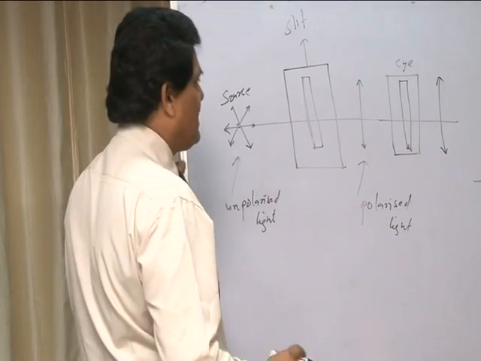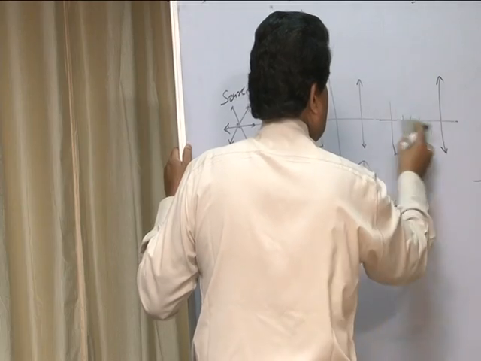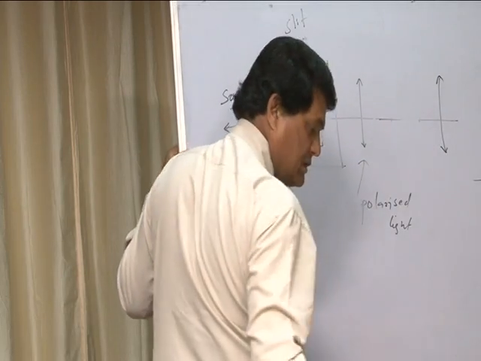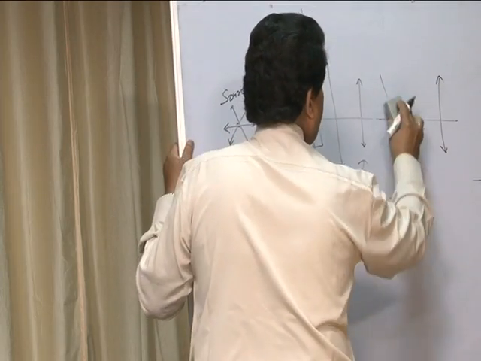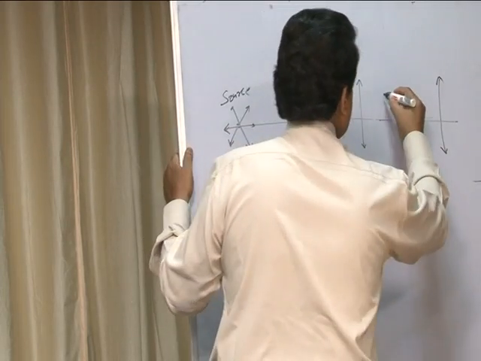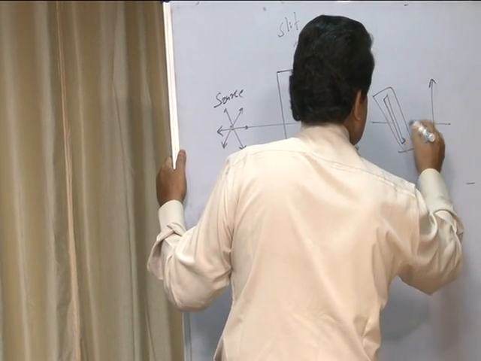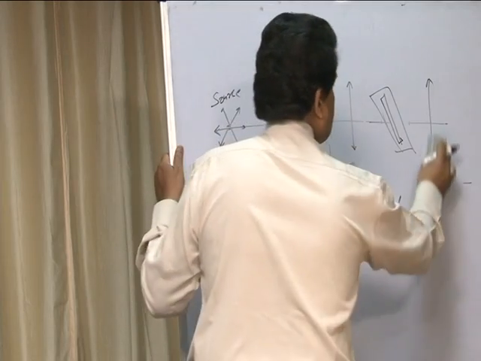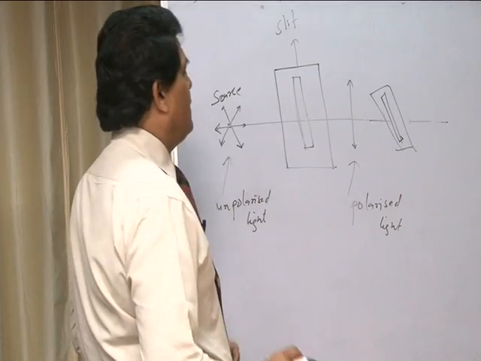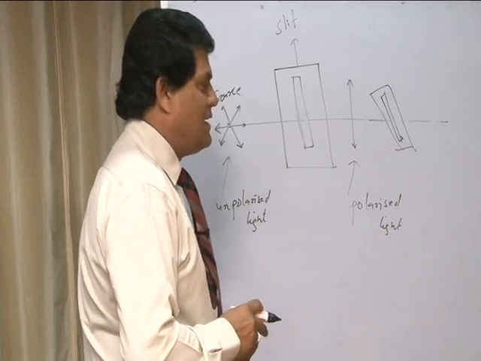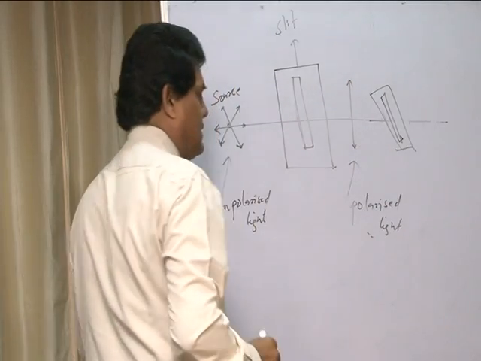If you turn the same slit by 90 degrees, like this, then you can't see the light. When you can't see it, the total light intensity has been reduced. So that shows that this light is polarized.